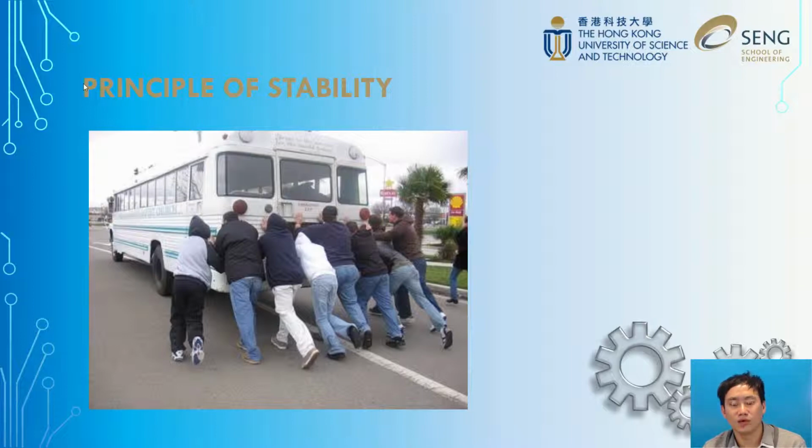Just like when I mentioned the jet fighter, there are conditions where we want to make it unstable, or we want to reduce the stability of a system. For example, a car is very stable because of the large friction that we implement in this mechanical system. But then it becomes very difficult for it to move.